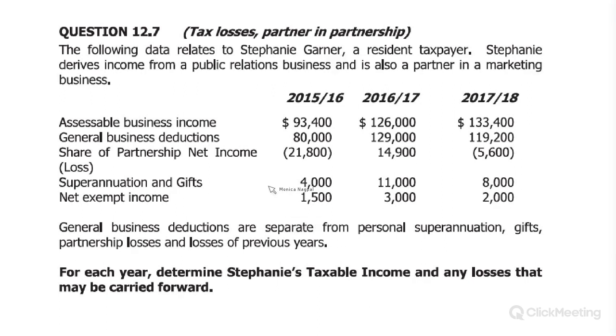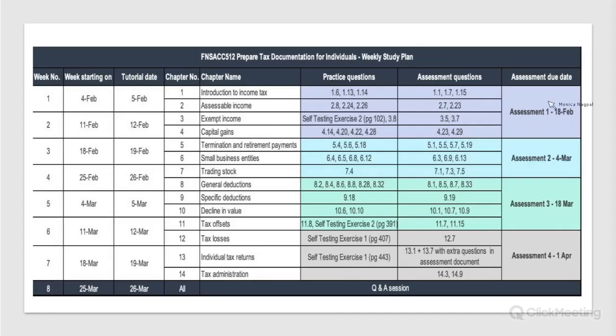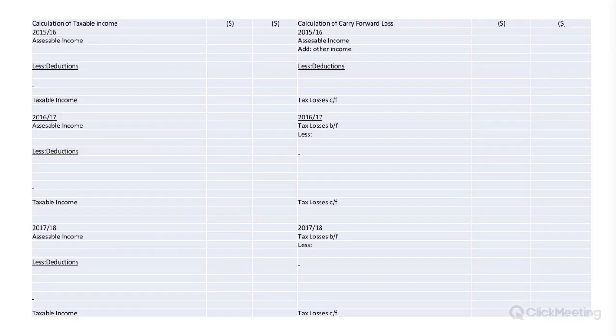All right, so in the first year, how much was the total of deductions? Write down that total of deductions that you calculated on the left-hand side of the spreadsheet. Oops, sorry, that's the wrong spreadsheet. Whatever total deductions you calculated here, use those deductions on this side, the same figure, and then minus any other assessable income and exempt income.